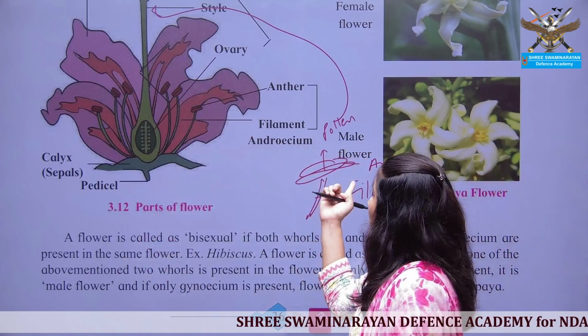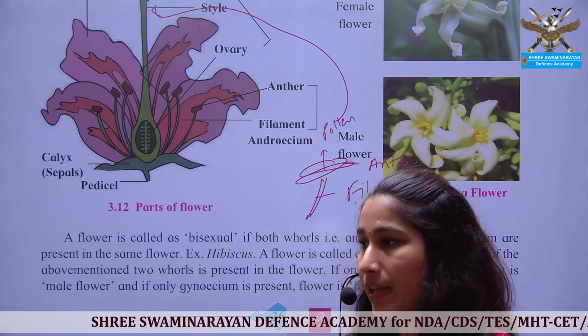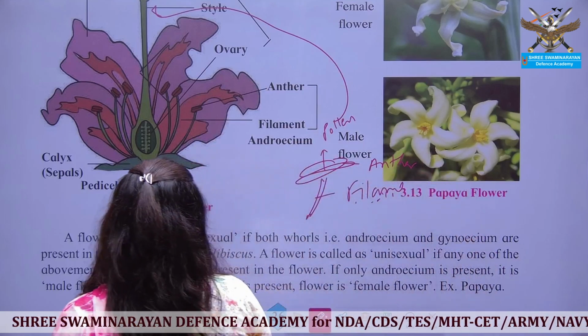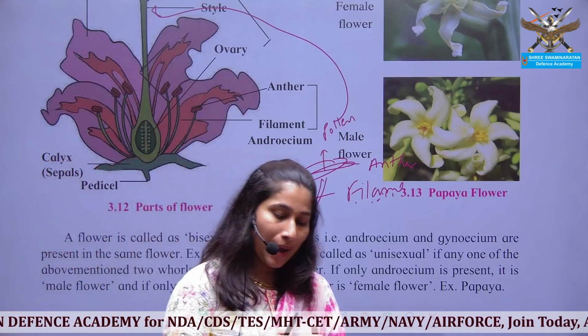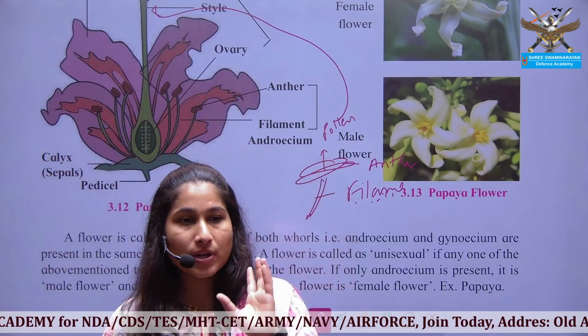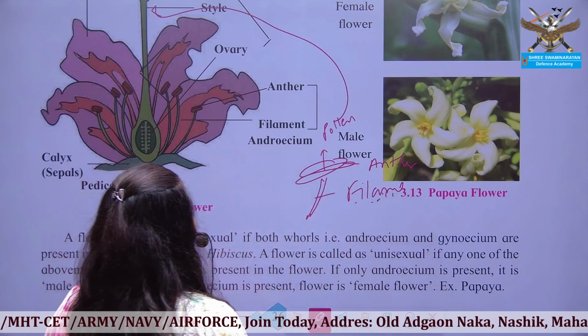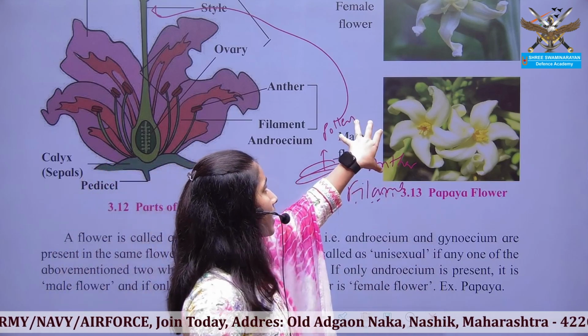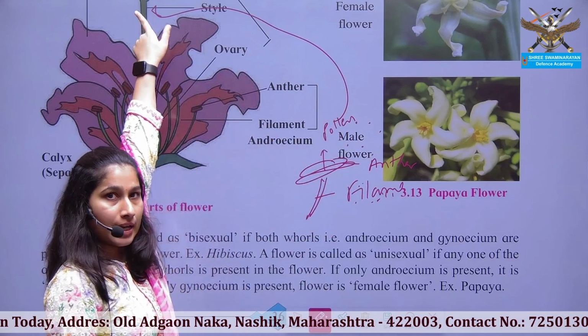So can it transfer automatically? No, there are different agents. They may be biotic and abiotic factors which are involved in the transfer of pollen grains from the anther to the stigma of your gynoecium.